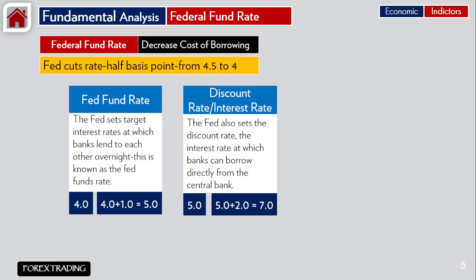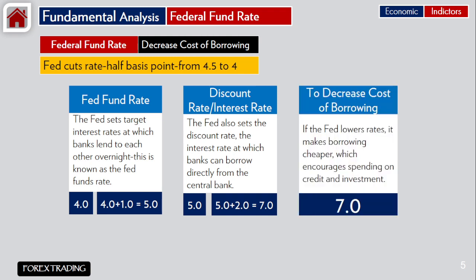So it becomes a little cheaper than the previous example. When the Fed decreases the cost of borrowing, it lowers interest rates. It makes borrowing cheaper, which encourages spending, credit and investment.